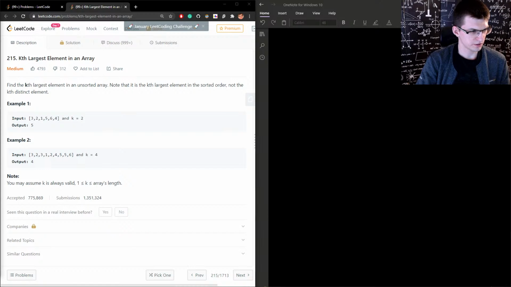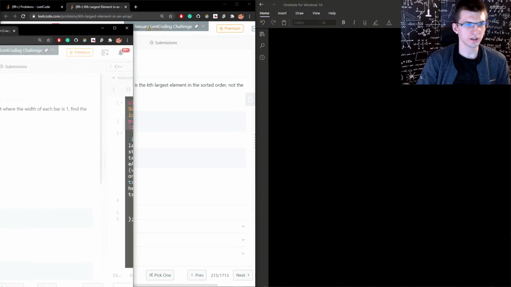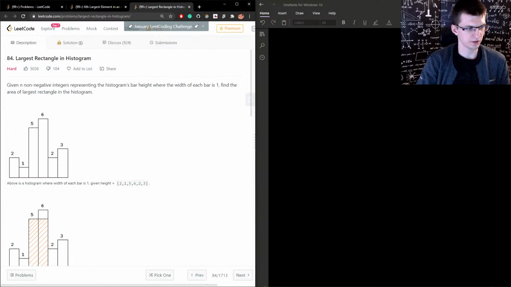Largest rectangle in histogram, maximum product subarray. I think largest rectangle in histogram is a good problem, and I think I didn't solve it yet. Kth largest element was yesterday's January challenge problem. But you mean it's already over or it's still going on?